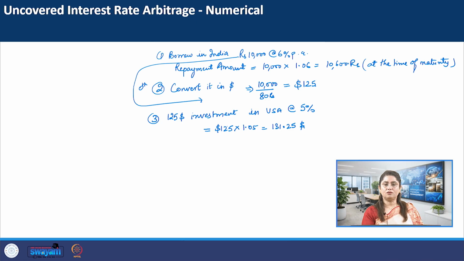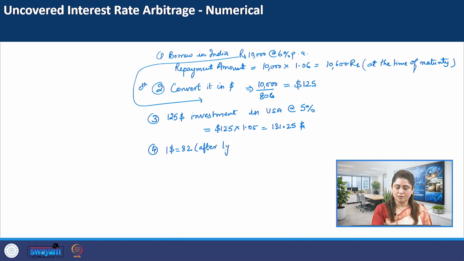Now the dollars that we have got from USA are to be converted into rupees, and we know the rate. Suppose the spot rate became what we expected, and the spot rate was $1 is equal to 82. This spot rate is after 1 year, and it is as per our expectation.